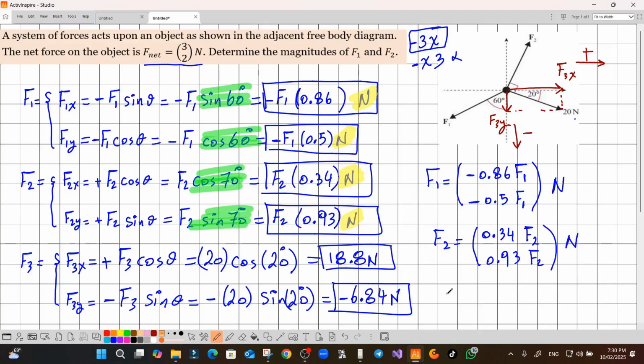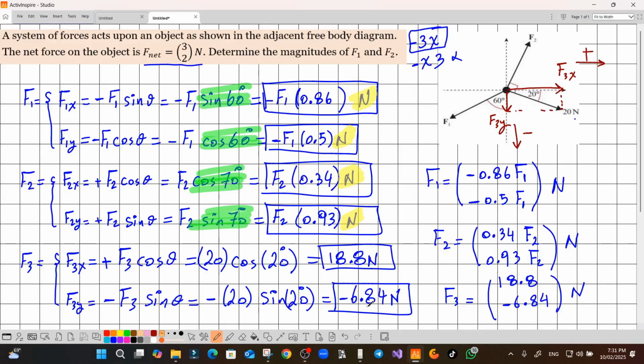Now finally for F3, we will follow the same order, 18.8 and minus 6.84 Newton.